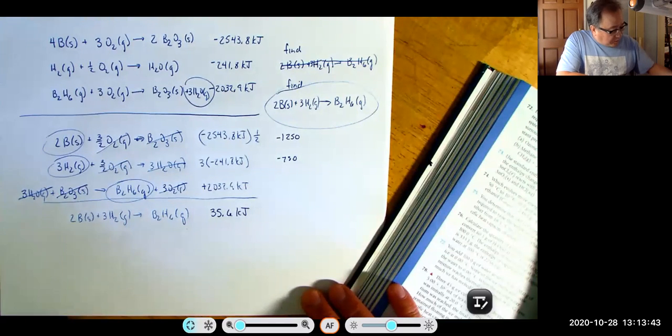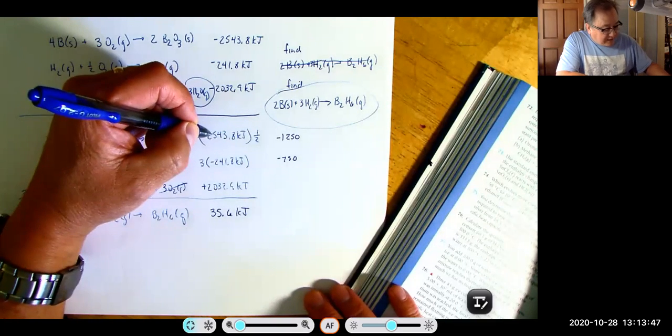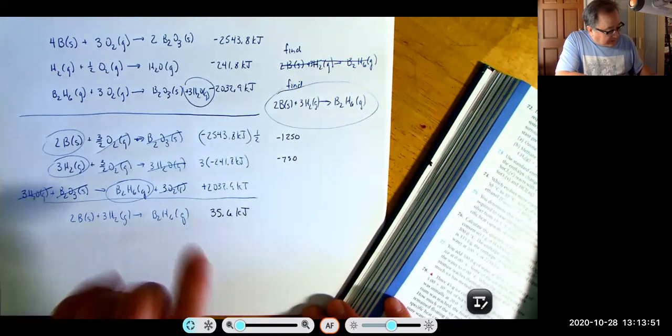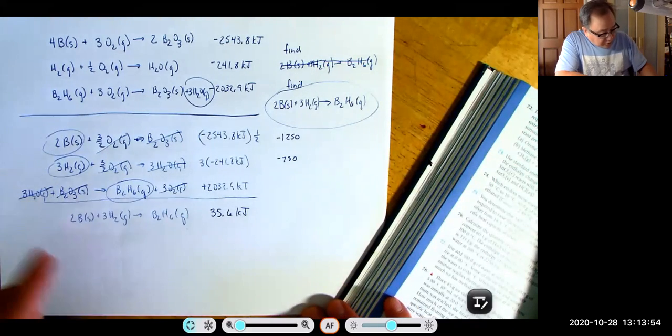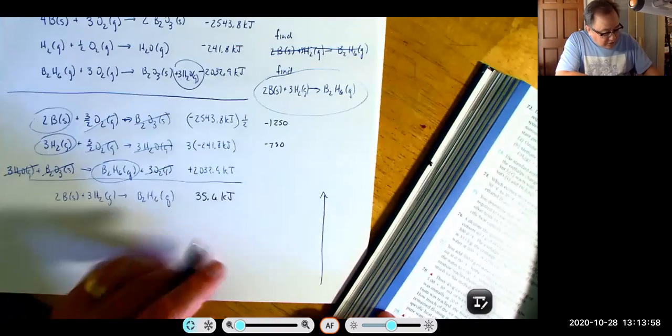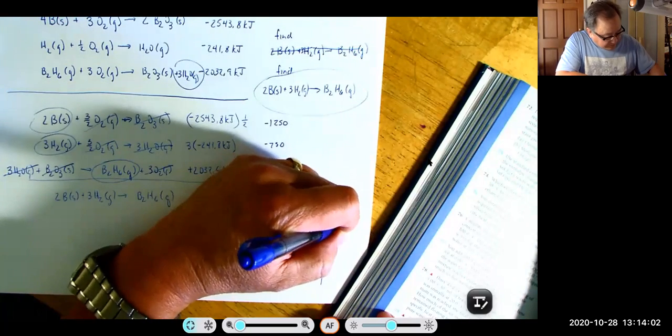Okay, so now which of these am I going to write first? This one, which is about minus 1250, this one, which is about minus 750, or this one, which is about 2000. I'm going to write this one first. So I'm going to draw an arrow up that's 2000 long, 2032.9 kilojoules.